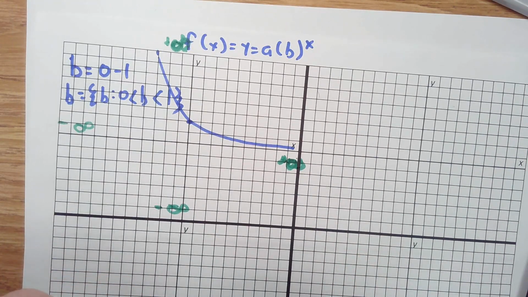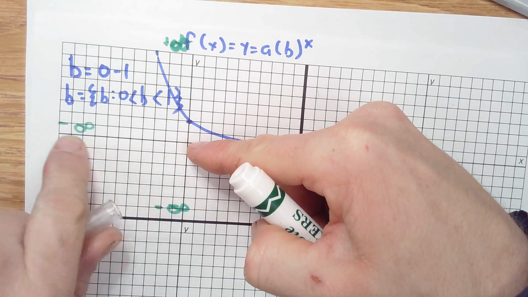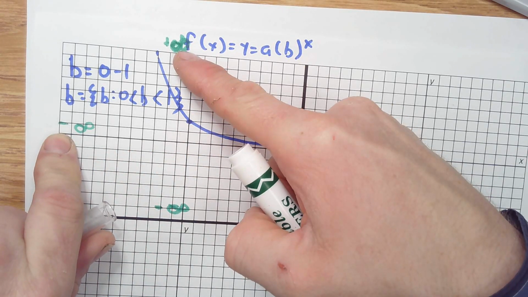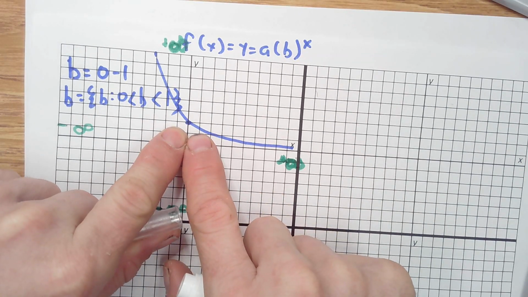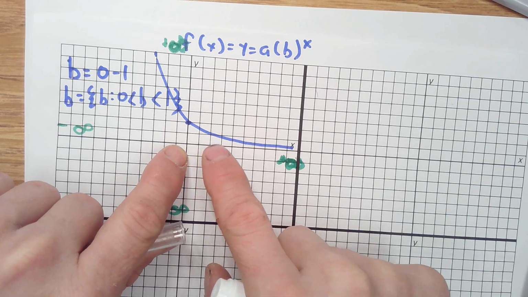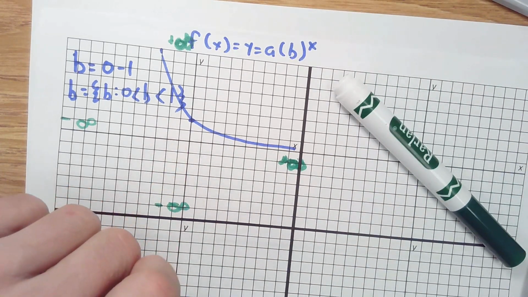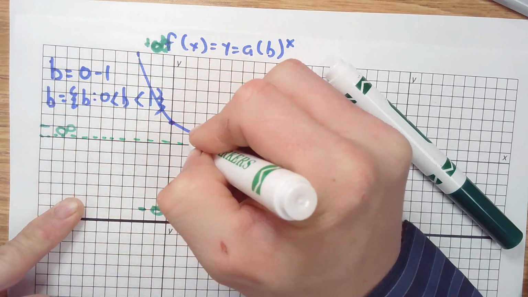So the way we say this is: as x approaches negative infinity, y approaches positive infinity. And as x approaches infinity, y approaches 0, because y equals 0 is an asymptote.